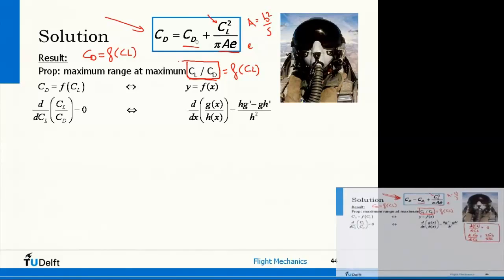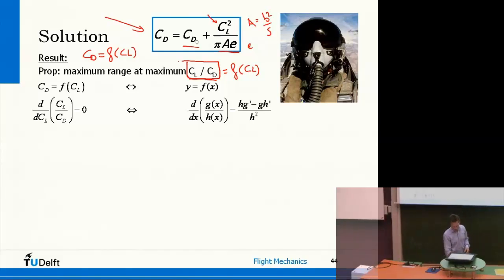Now, we're basically doing a derivation of CL over CD. So then you also have certain rules for mathematics stating how you actually calculate the derivative. It's the same as saying it's the derivative of a function g over a function h, and you have the quotient rule for that to solve it.